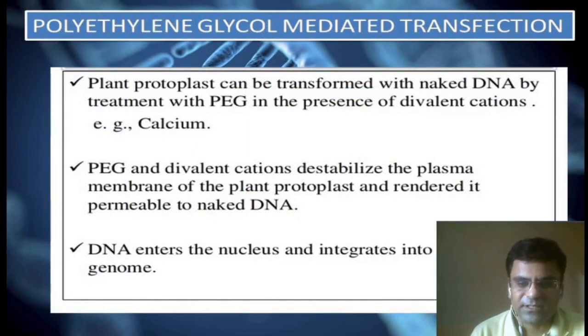The next method is polyethylene glycol mediated transfection. This method is utilized for protoplasts. Polyethylene glycol stimulates endocytosis and therefore DNA uptake occurs. Protoplasts are kept in a solution containing polyethylene glycol. After transfer of DNA to the protoplast in the presence of PEG and other chemicals, the PEG is allowed to be removed.